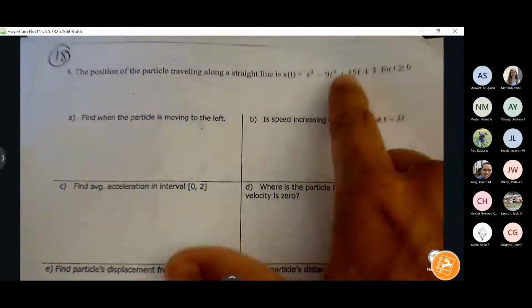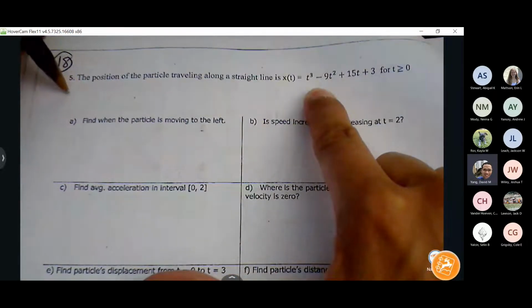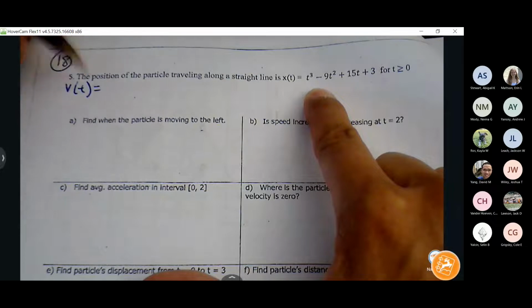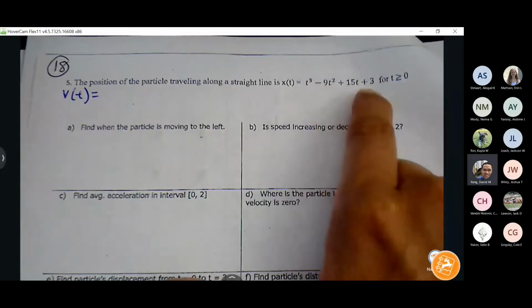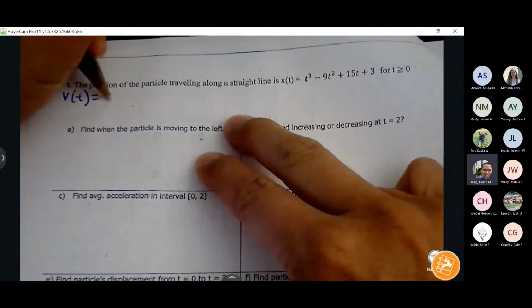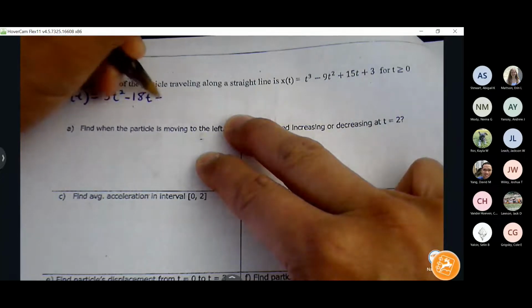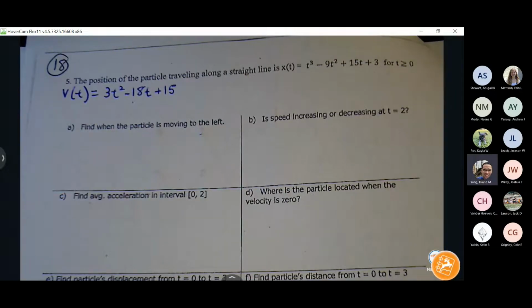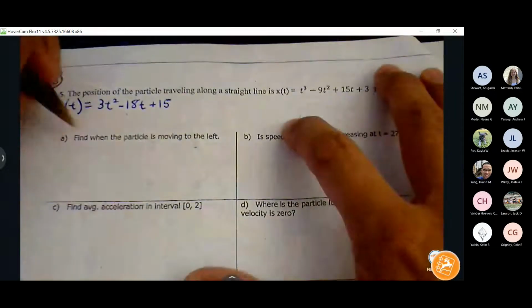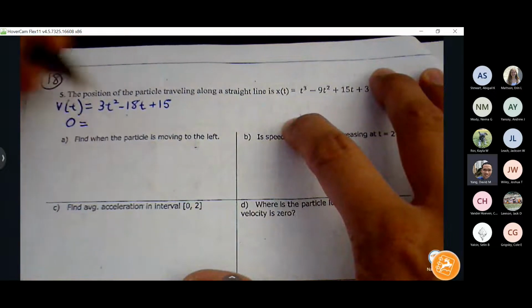Okay. So let's find our velocity function. Power rule for every one of these terms here. Okay, set velocity equal to 0. Factor out that 3.